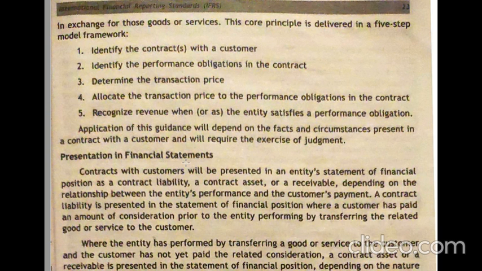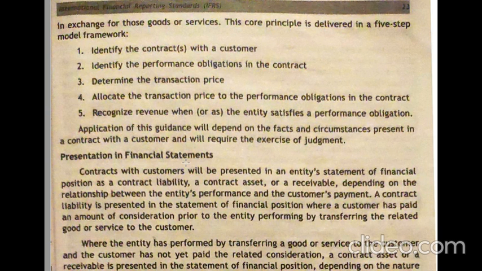So a contract liability is presented in the statement of financial position, where a customer has paid an amount of consideration prior to the entity performing by transferring the related goods or services to the customer.